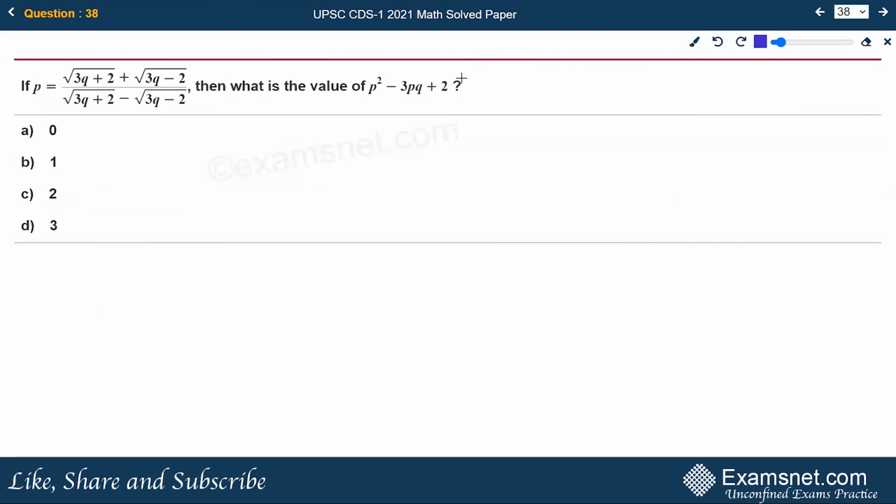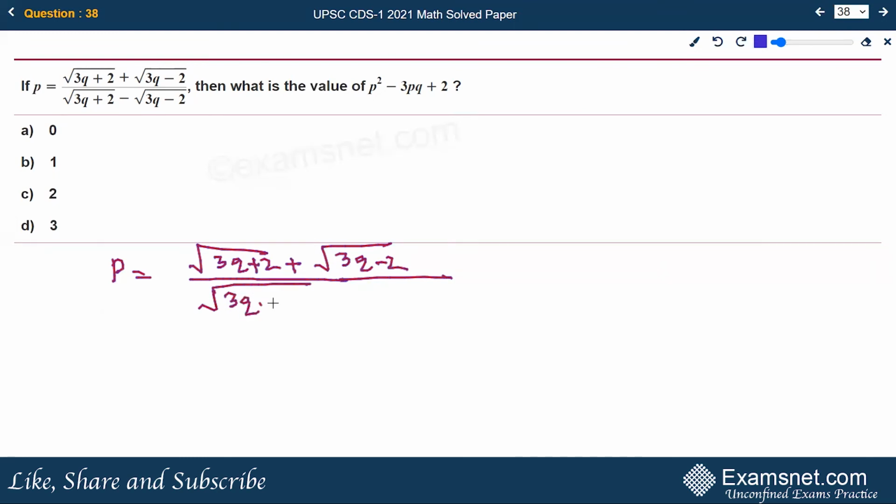In question number 38, we are given with, if P equals to, we are given with an expression, then what is the value of P square minus 3PQ plus 2? So here we can see P equals to, let me write the given expression, 3Q plus 2 plus 3Q minus 2 by 3Q plus 2 minus 3Q minus 2.